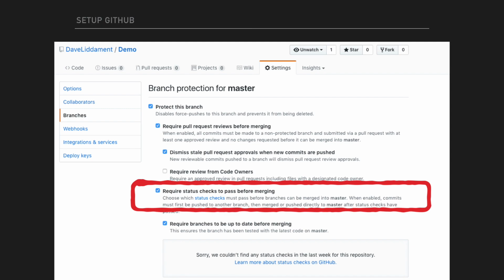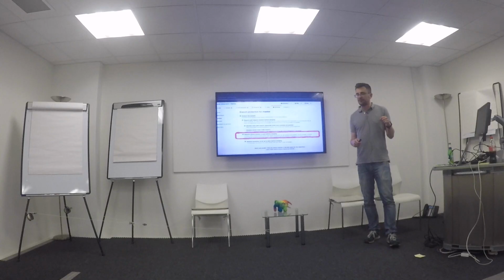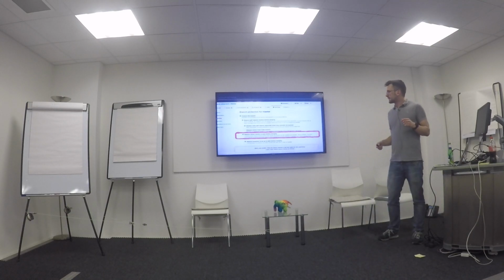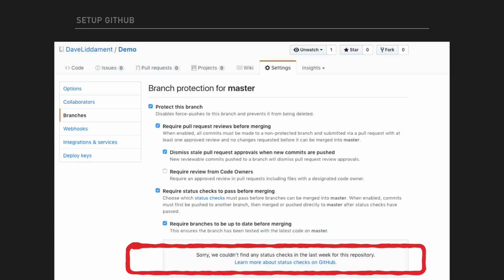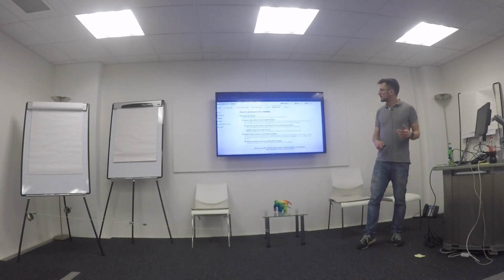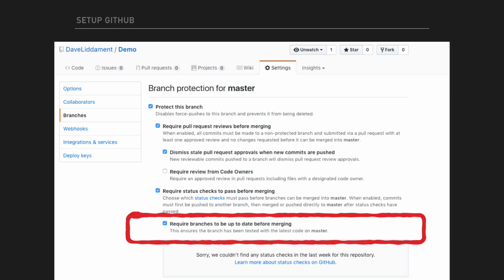You can require status checks to pass before merging. So this is things like our continuous integration. When you first set this up, it might say there aren't any status checks, and only after you've run them will they appear. The other thing, another quite important one, is to require that branches are up to date before merging.